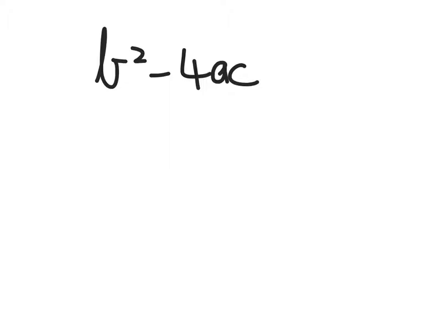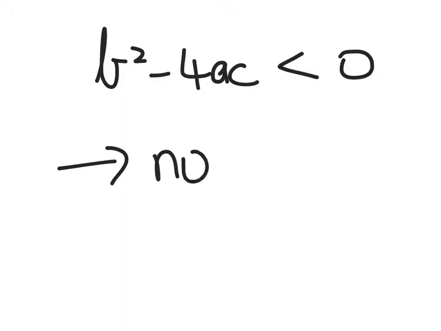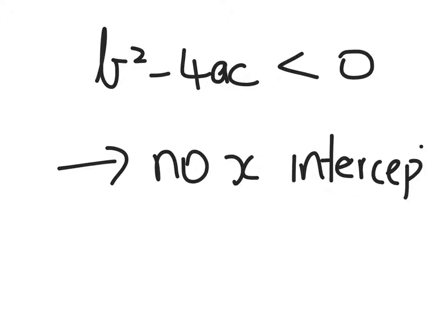This thing here, the discriminant, if this is a negative number, that means we're going to have a negative number under the square root, and that means there's no solutions, which means no x-intercepts. Okay? So when your discriminant is less than 0, or negative, we have no x-intercepts.